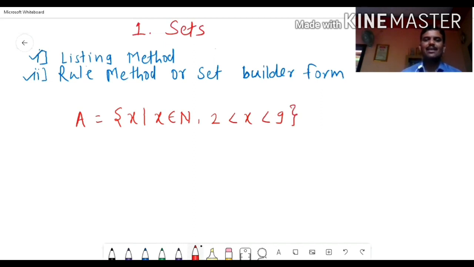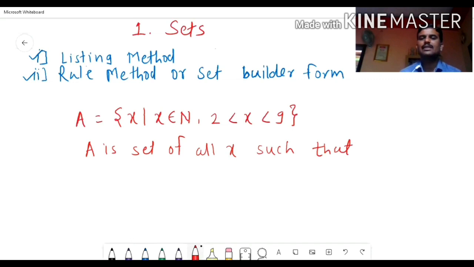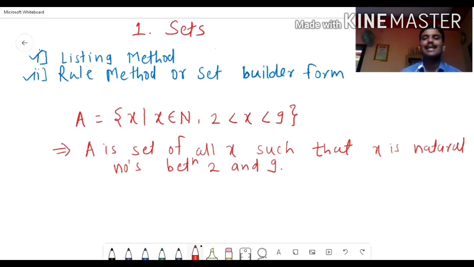A is the set of all X such that X is a natural number between 2 and 9. That is the exact reading of the above example.